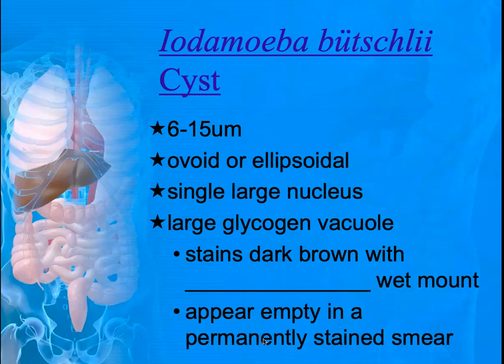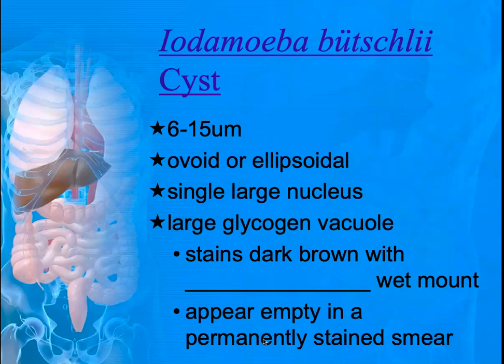The most characteristic form for Iodamoeba bütschlii is the cyst. What's very diagnostic, what's very helpful, is that the cyst only has one nucleus, and it contains a large glycogen vacuole which will stain dark brown with iodine on the wet mounts. And in the permanently stained smears with trichrome, that vacuole appears empty.